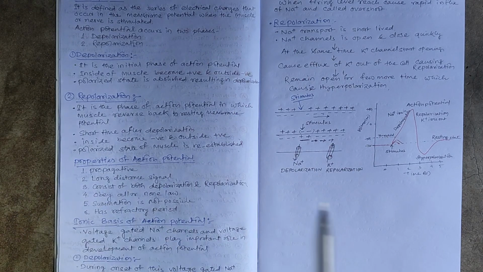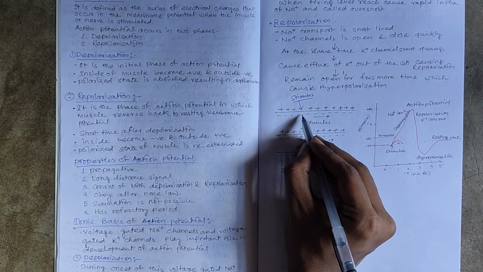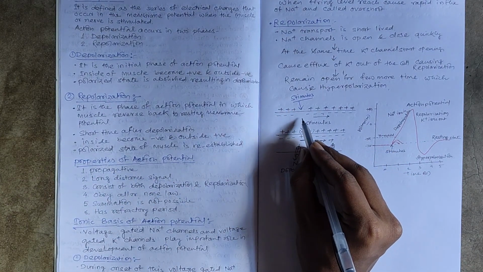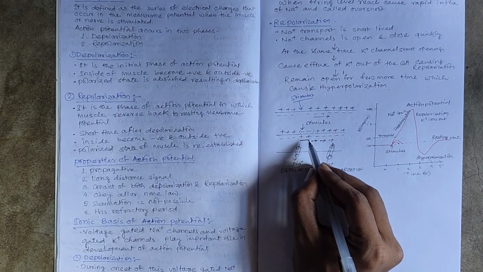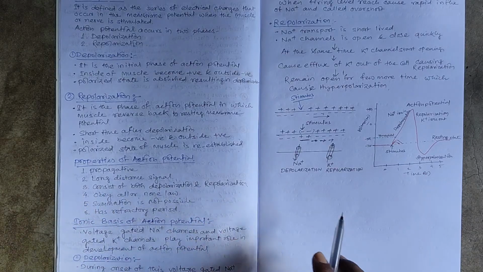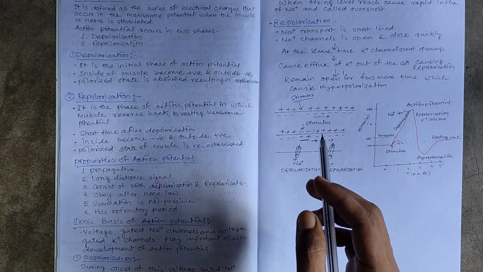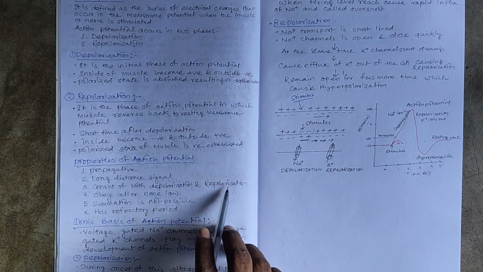One is propagative. All of us know that the stimulation is coming and is ongoing, propagating through the membrane. Second, long distance signal: by this positive-negative interchange, it goes a long way. Third, it consists of both depolarization and repolarization.